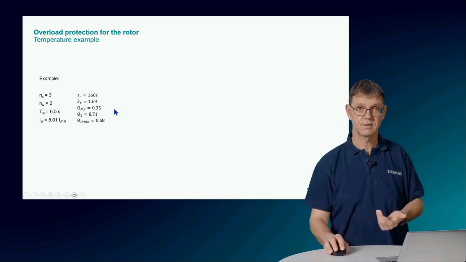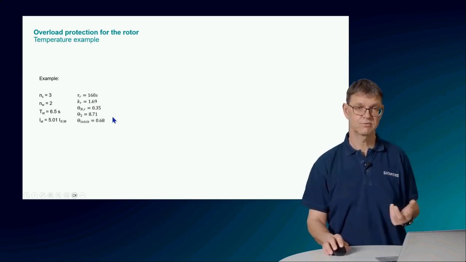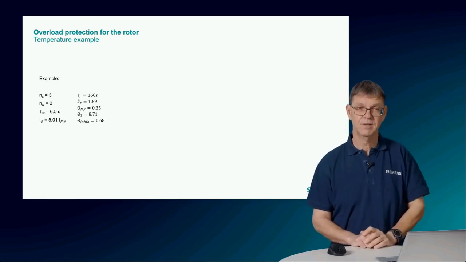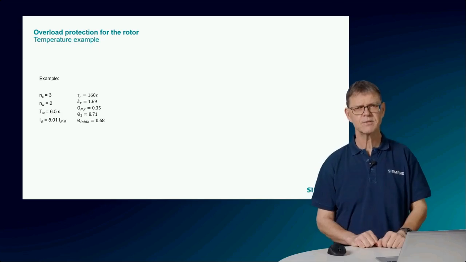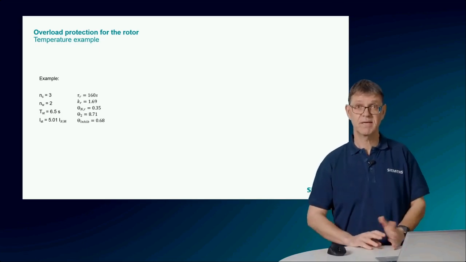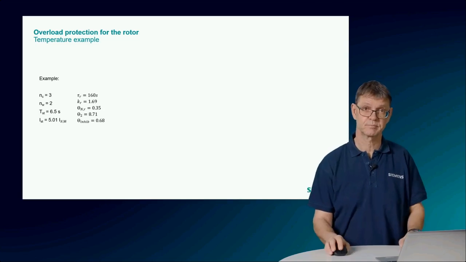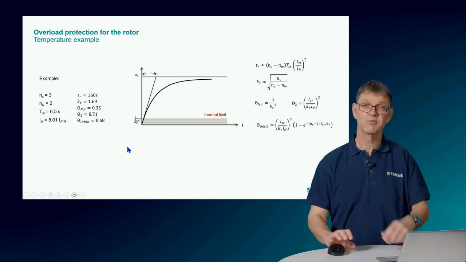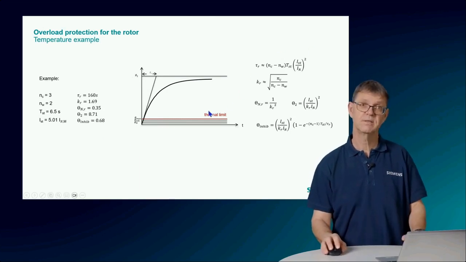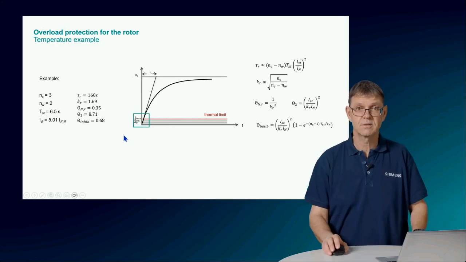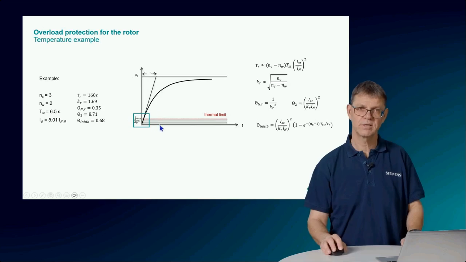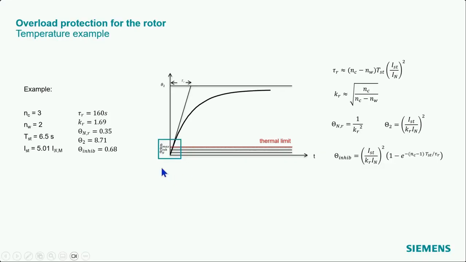And the temperature overshoot, if I have the locked rotor situation and I let this current run forever, you see it's more than 8 times the maximum allowed temperature. I put here some formulas if you're interested in how to calculate these values. And we now talk about the temperature calculation only in this tiny part here, from 0 to 1.